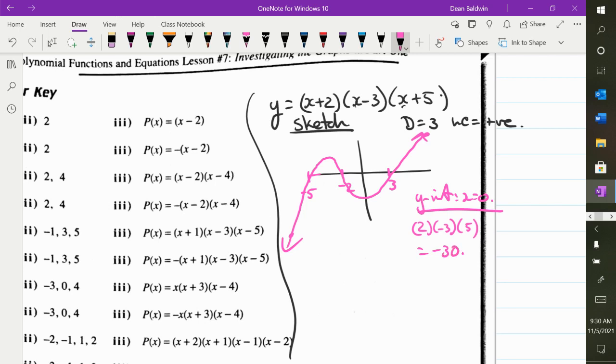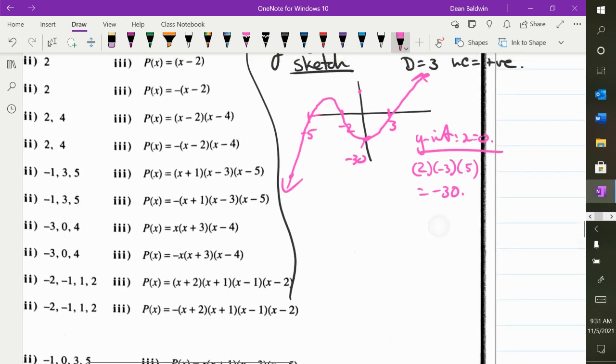Does that answer make sense? Why does it make sense? Yes, because it's down here, which are the negative numbers. If I drew the graph wrong and I drew with the y-intercept up there, that wouldn't make any sense because those are the positive numbers. So the fact that it's -30, it makes sense visually. All right, is that okay?